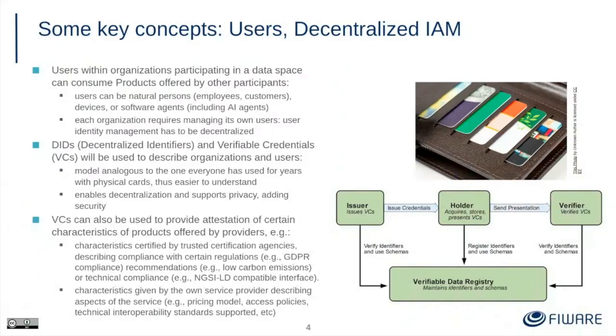It can obviously also be used for self-description, so that you also have guarantees. If your provider gives you a credential that describes the product and it's signed with this key, then you have the option to later even go to court if something is broken, and you have the verifiable credential to prove what the provider offered you.